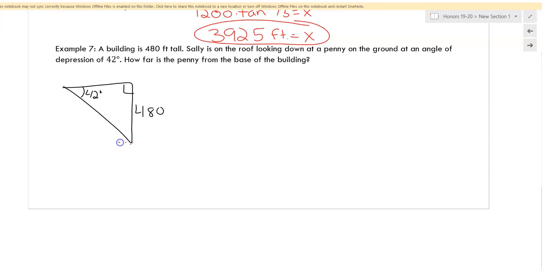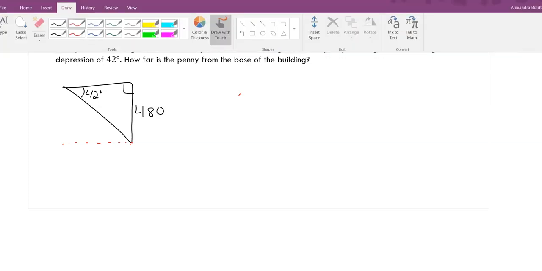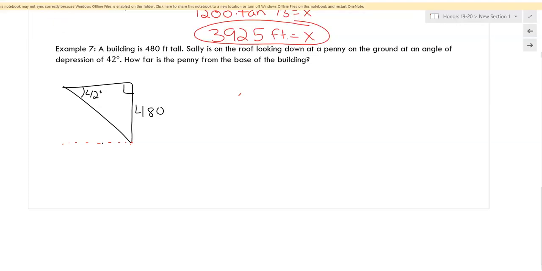Well, base always means bottom, so it'd be like this distance, but this distance is going to be, thank you. So I put an X here, but this distance and this distance are the same.